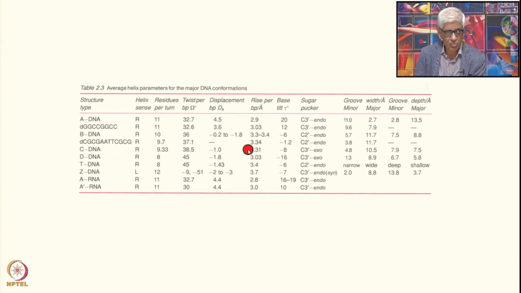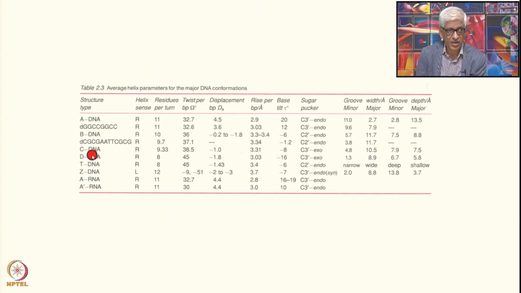So, depending upon the small variations which were present, different kinds of labels have been given for the different DNAs. We talked about the A DNA, B DNA, but there are also some variations which occurred and they led to what are called the C DNA, D DNA, T DNA. Then you also have the Z DNA which you also described in major detail, and then you have the A RNA and A prime RNA. These ones are the RNA segments, all others are the DNA segments.